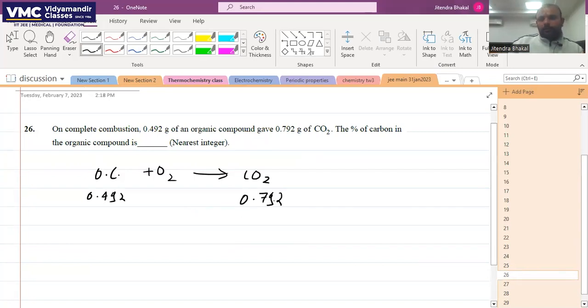We can calculate moles of CO2 here, because mass upon molar mass is equals to number of moles. So moles of CO2, we will get the value 0.018.